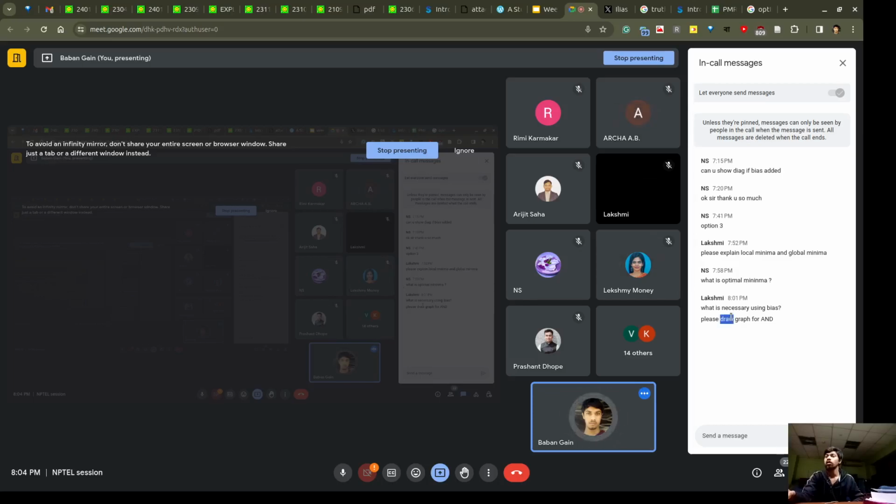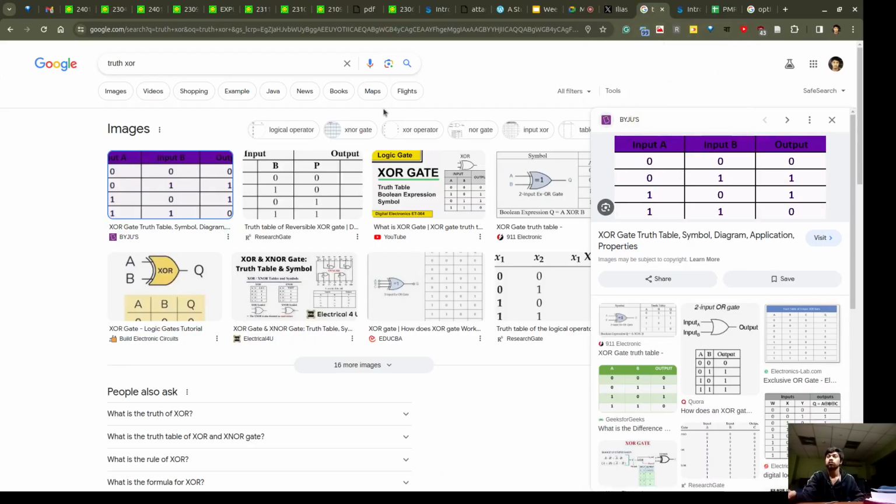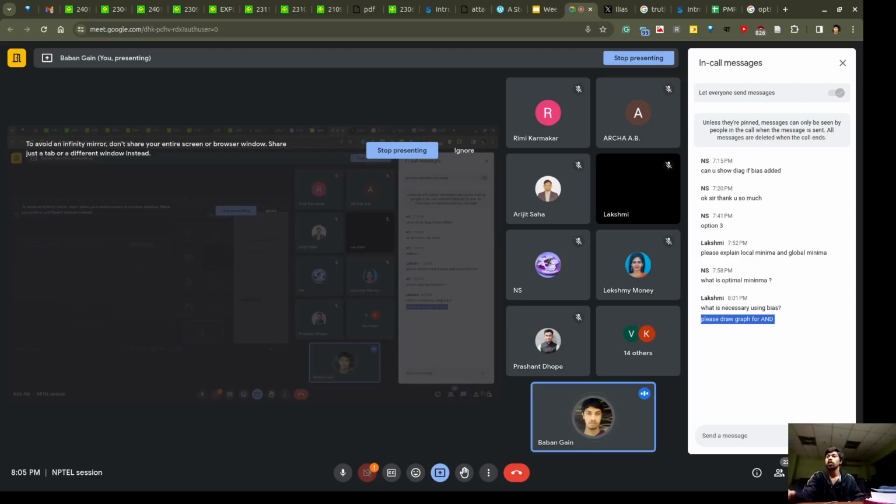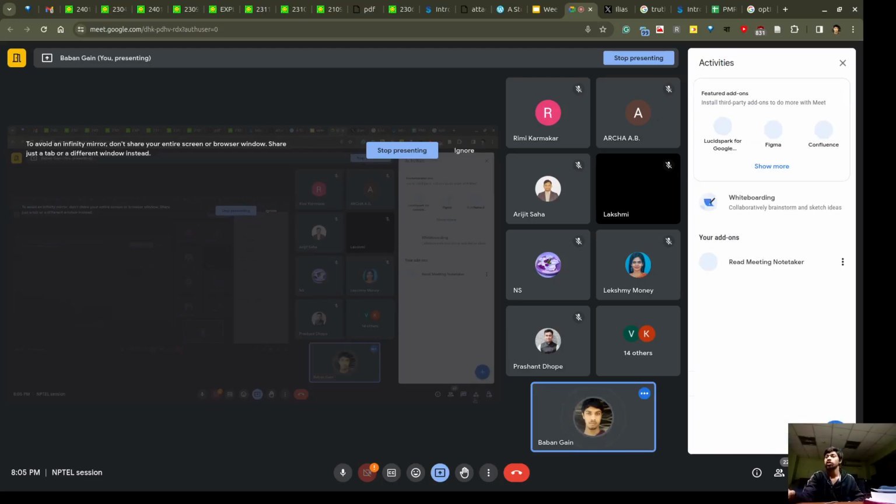Draw the graph for AND. Graph means not the truth table, you know that, but the graph. Okay, I can draw the graph. Let me share it.